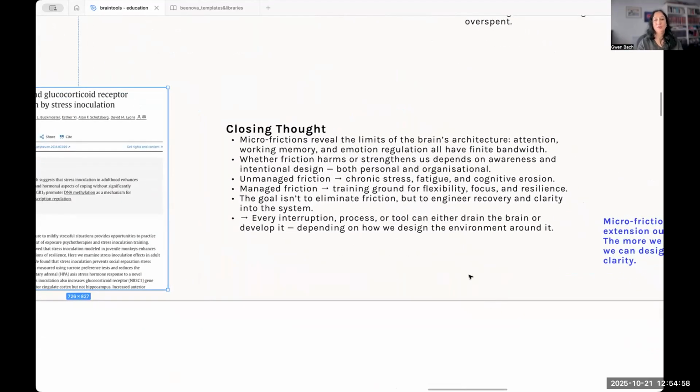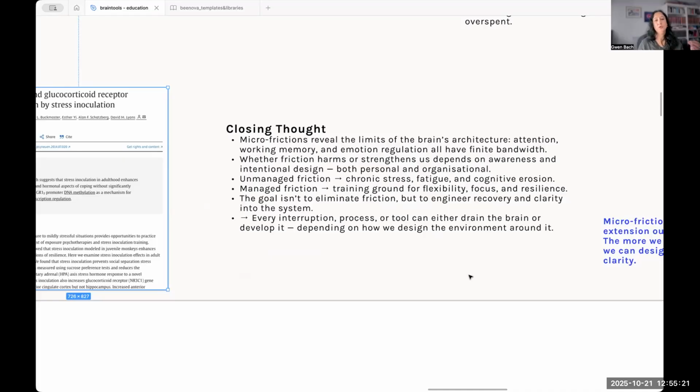So closing thoughts. What we have in today's workplace is those micro frictions really show us the limits of our brains, and those really high numbers in burnout and stress levels and anxiety levels, they all feed into that. And a lot of it has to do with awareness.